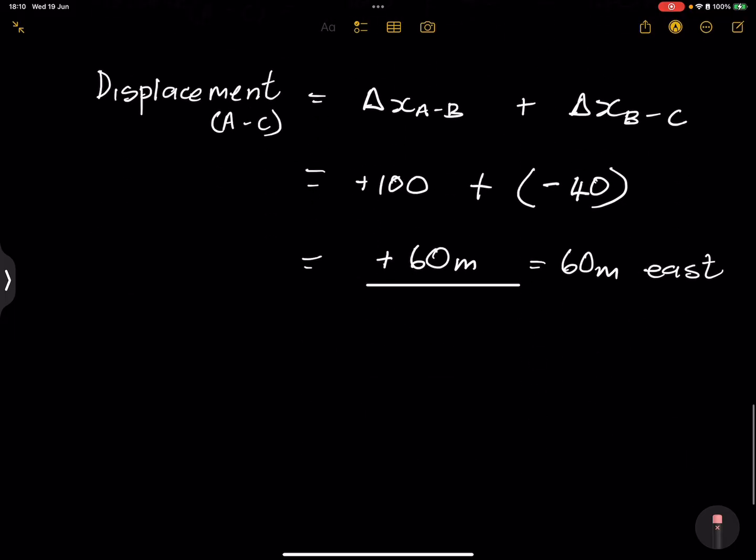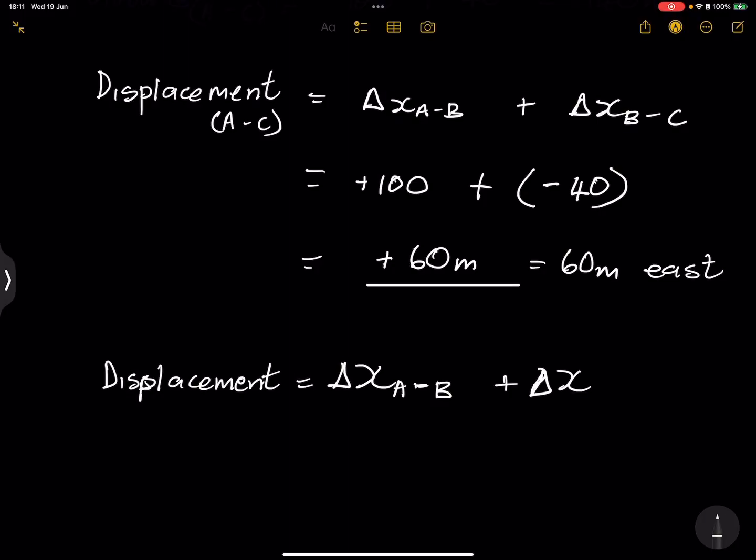The total displacement would be equal to the change in position from A to B plus another change in position from B to A. That would mean it traveled 100 meters in the positive direction plus another 100 meters in the negative direction.